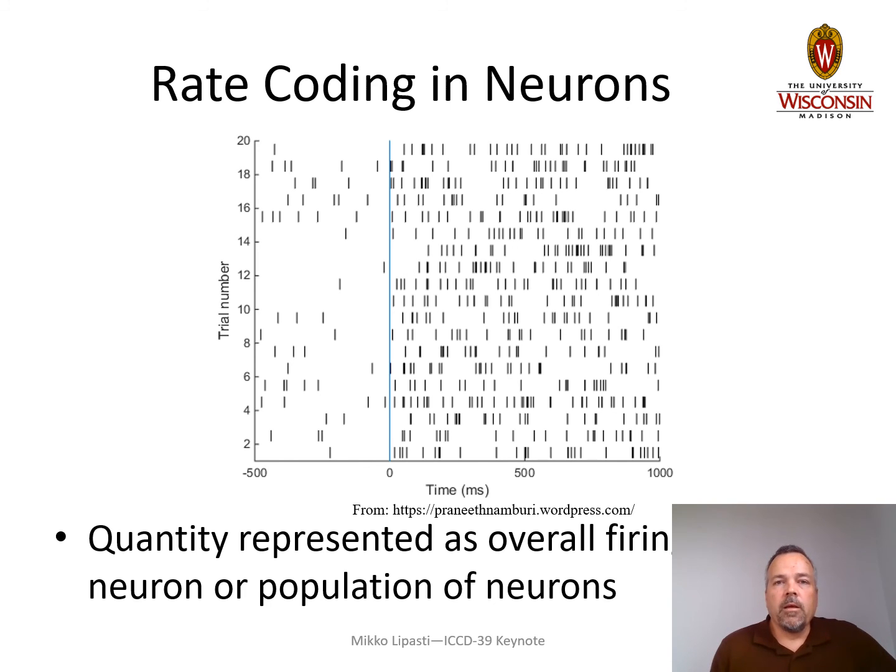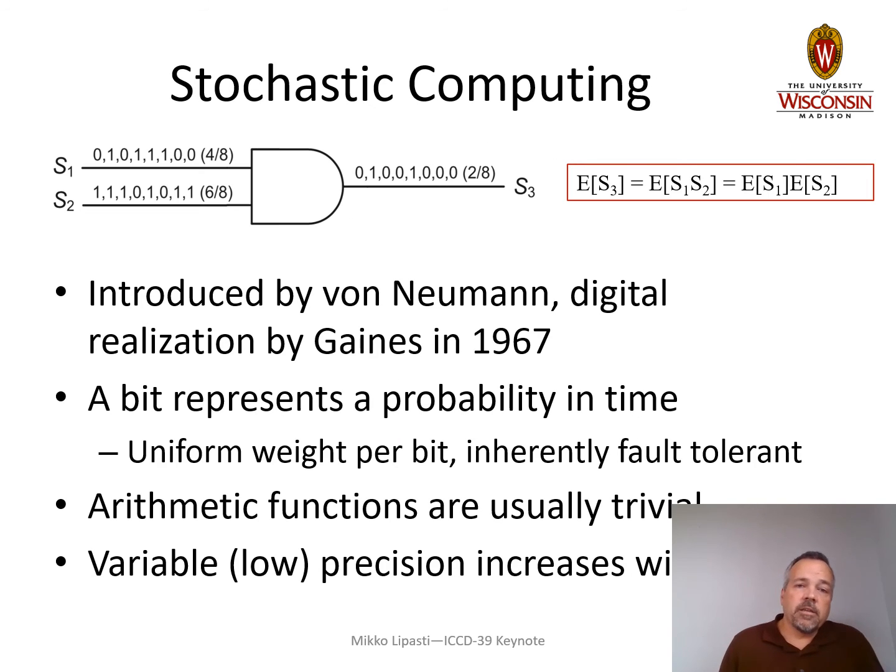And finally, stochastic computing is an approach that was proposed by von Neumann originally, and then in digital form by Gaines in the late 60s, where the idea was that we would represent numbers, in this case fractional values like 4/8 or 1/2, and 6/8 or 0.75, coming in as inputs S1 and S2 on the left here.